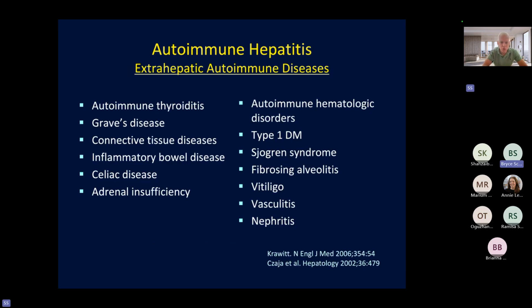In terms of the extrahepatic autoimmune disease that we talked about, it's a wide variety: autoimmune thyroiditis, Graves' disease, a variety of connective tissue disorders, IBD, again, in your patient population, that is the one autoimmune disease that you are most likely to encounter. But all of these diseases that are shown here have been associated with autoimmune hepatitis.